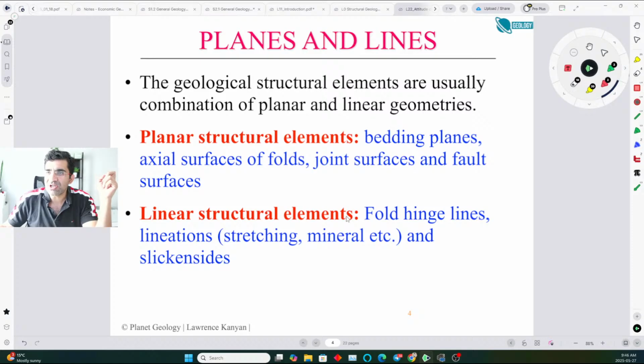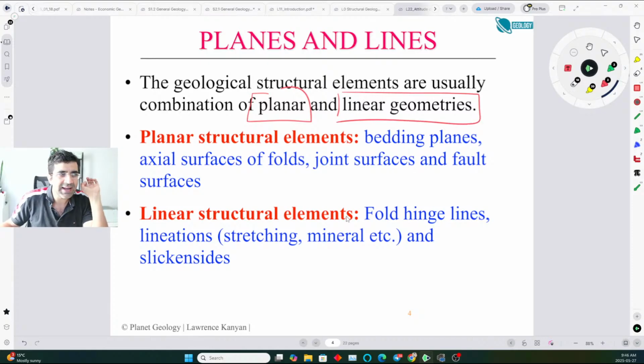The geological structural elements are usually a combination of typically planar and linear geometries. Can anyone give me an example of any geological feature that is planar in nature? It's actually written on the slides itself. So some of the planar structural elements that you would see are bedding planes.